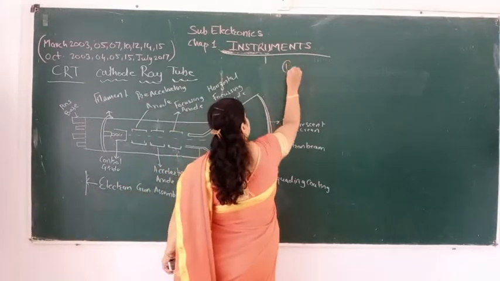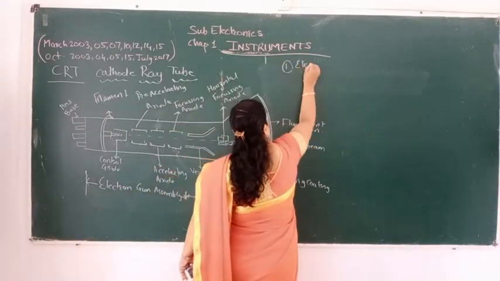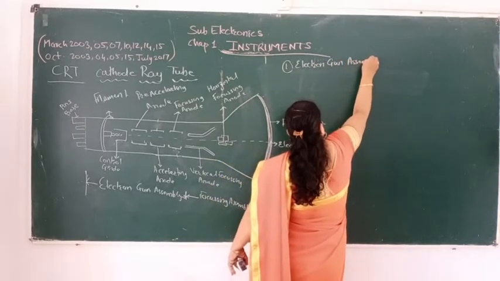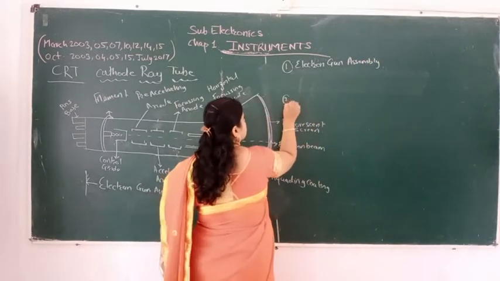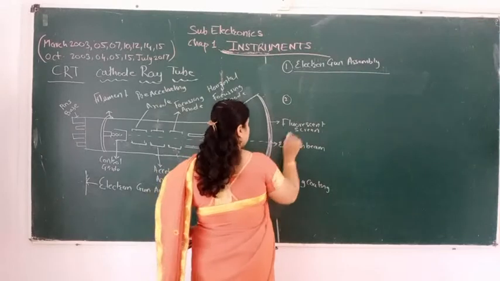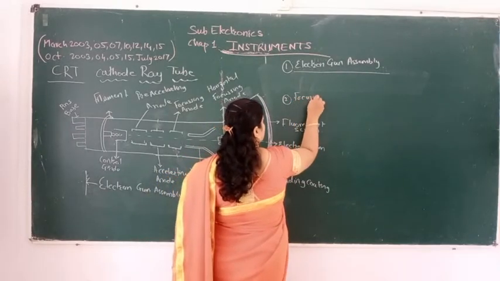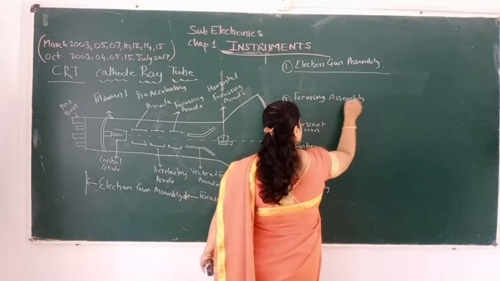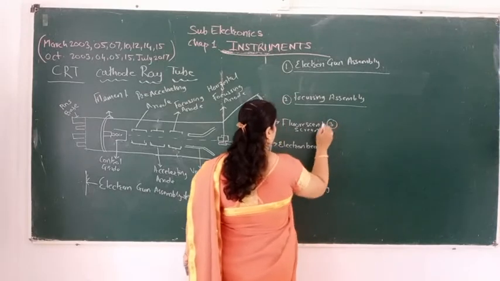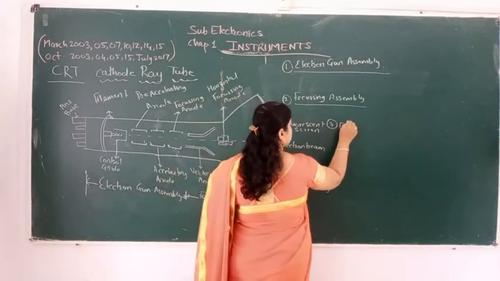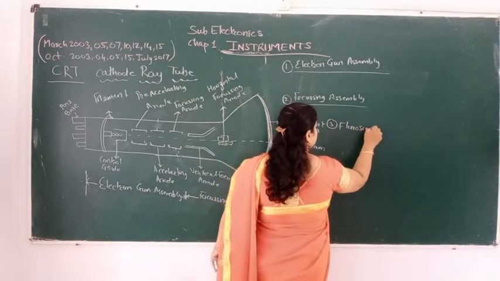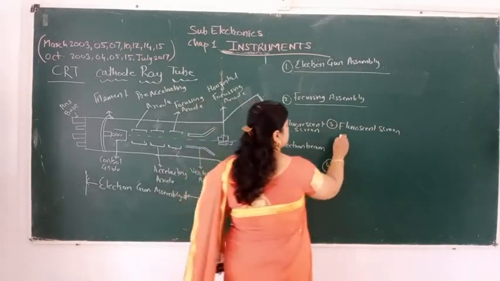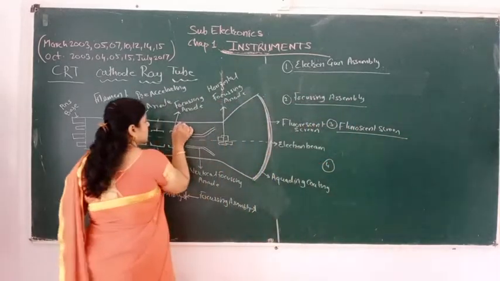How many parts are there? First is the electron gun assembly, then the focusing assembly, third the fluorescent screen, and the fourth part is this glass tube.